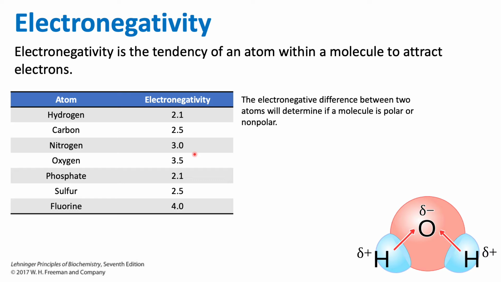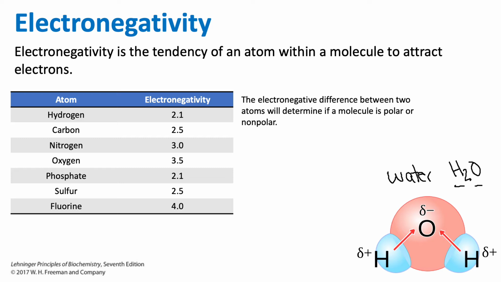So the electronegativity difference between two atoms can help determine whether or not a molecule is polar or non-polar. So if we have, for example, water, which is H2O, we've got hydrogen and we have oxygen.